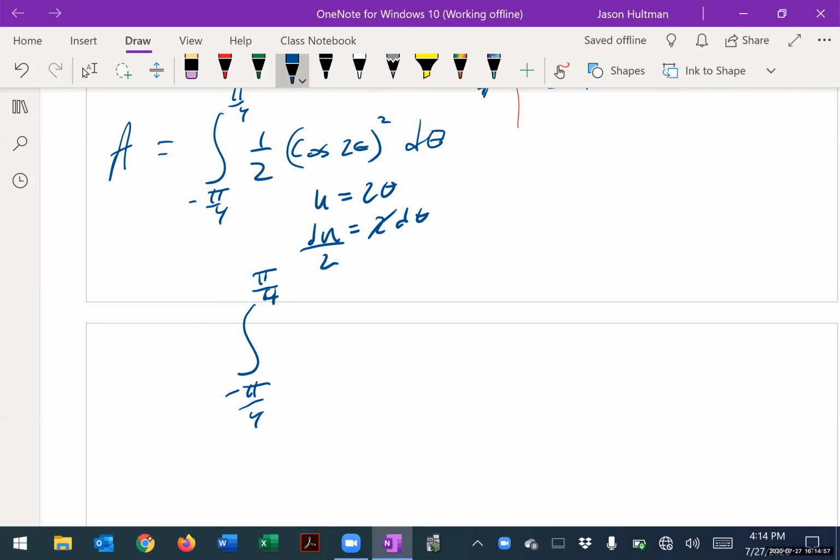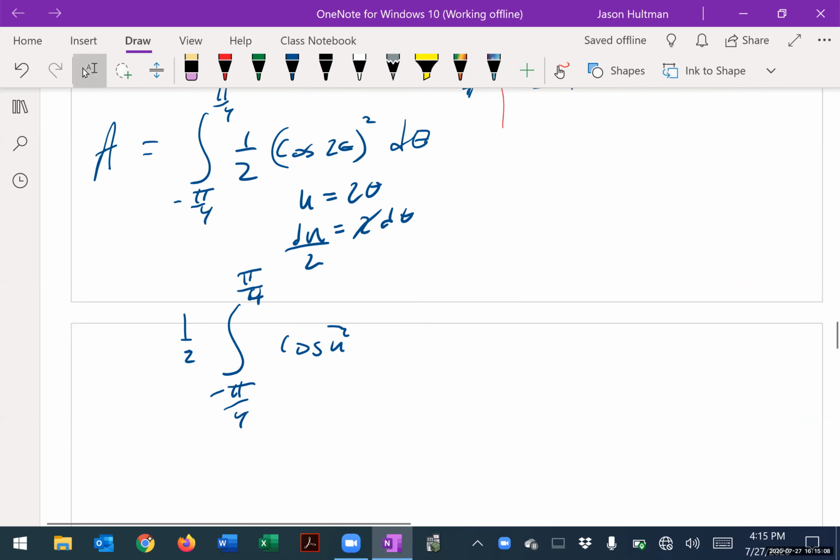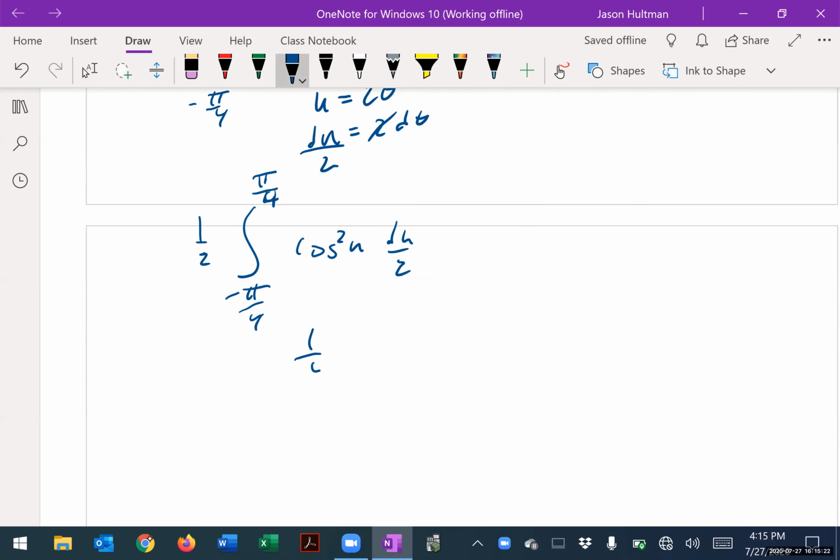I get cosine of u squared, or cosine squared u, du over 2. So I could pull the 1/2 out in front and make it a 1/4, so 1/4 integral of -pi over 4 to pi over 4 of cosine squared.